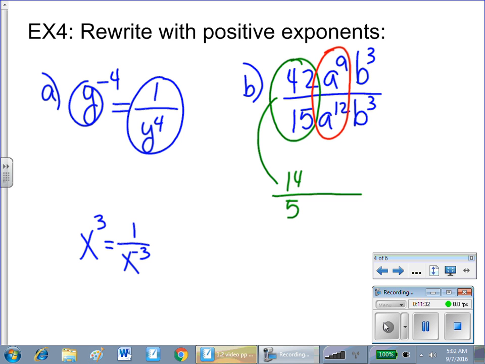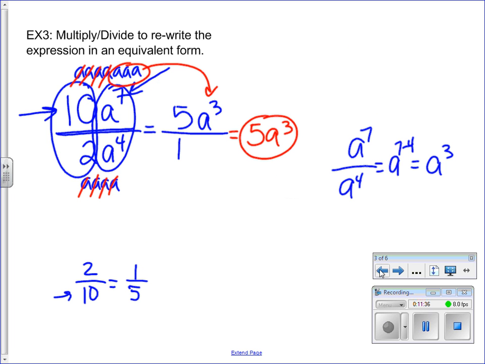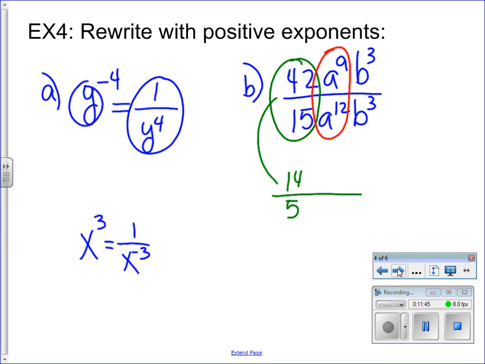Do we put it on the top or on the bottom? If you recall from our last example, we put the remainder wherever the bigger number was. Since the 8 to the 12th is bigger than 8 to the 9th, the 3 leftover 8s are going to go on the bottom.